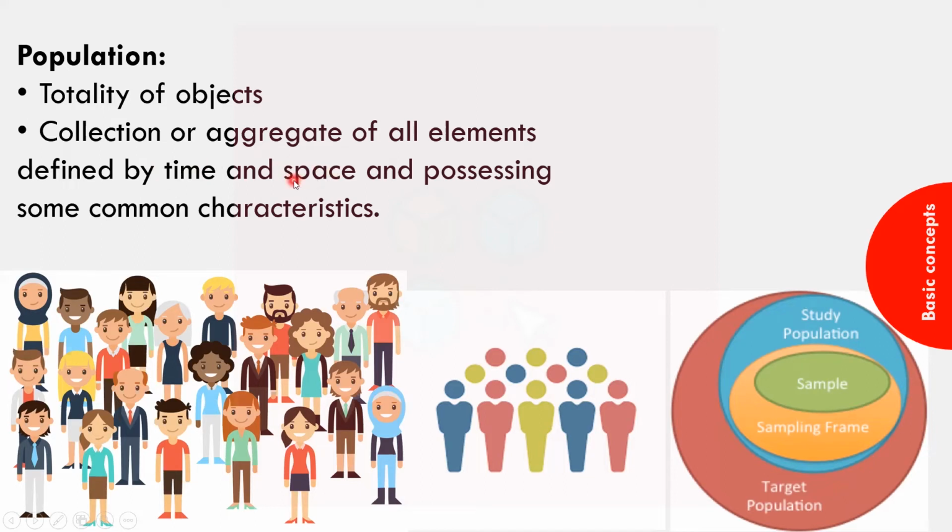For example, students are from the government college during 2019 to 2020. So all the students of GC during this session 2019 to 2020, the common characteristic is all the students. So this is the population.